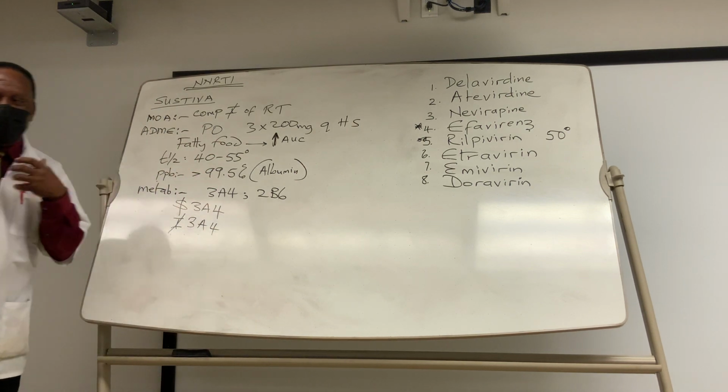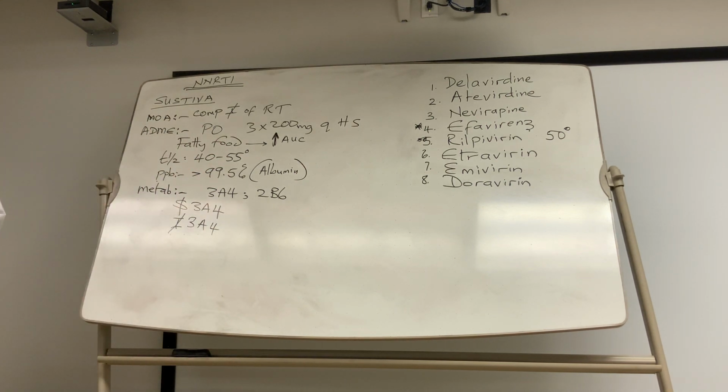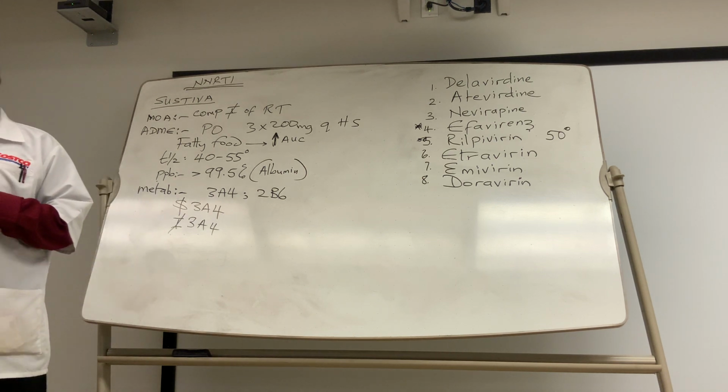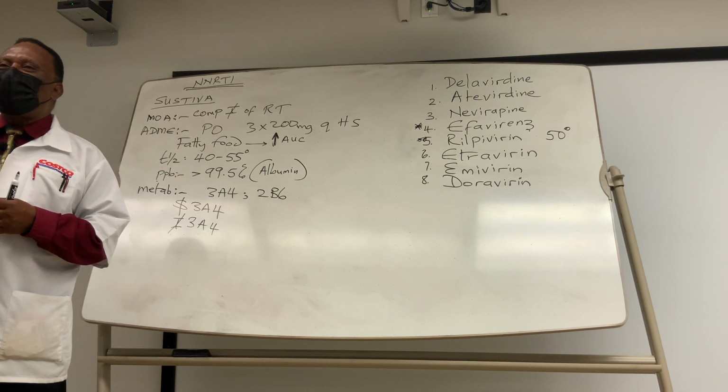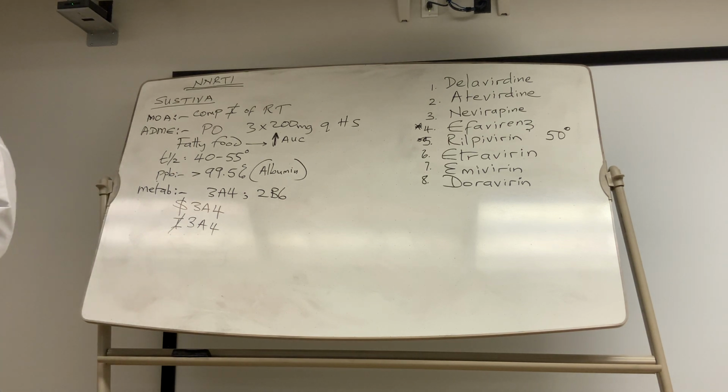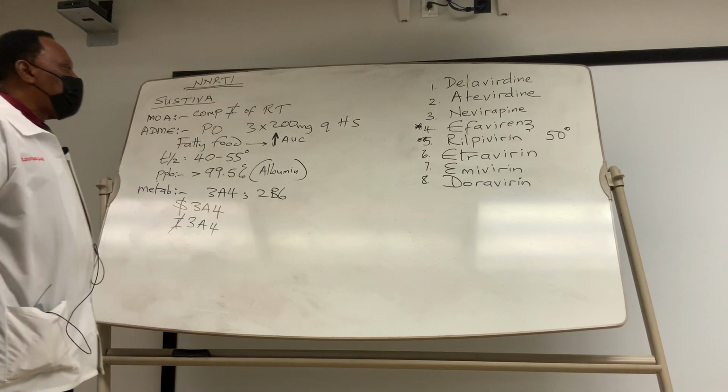So if you give it PO, it must not be given with anything like, say, your PPIs or your H2 antagonists. Anything that would elevate the pH of the stomach can lead to a drastic reduction in the absorption of that drug, such that it can affect its effectiveness.